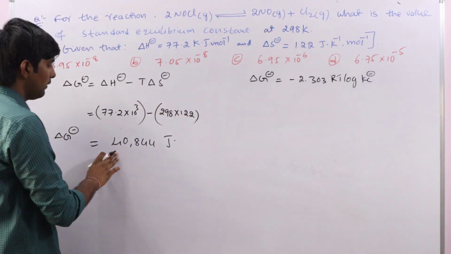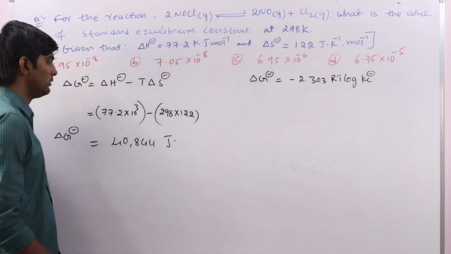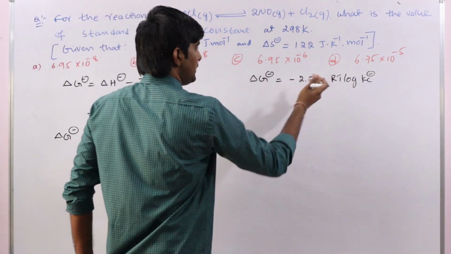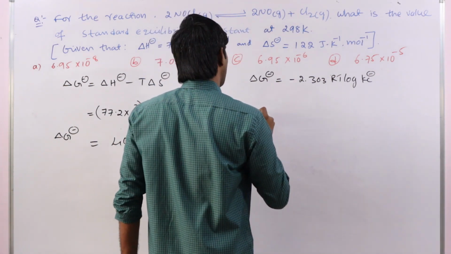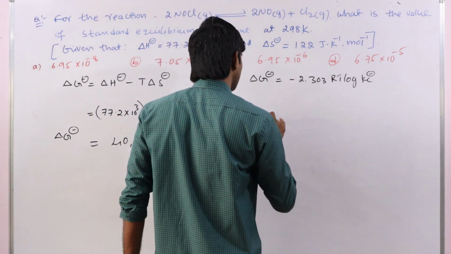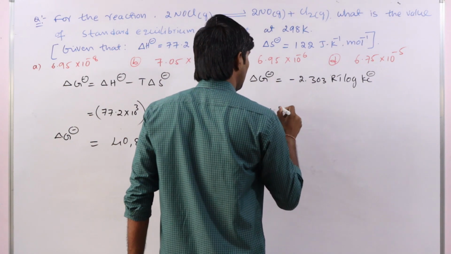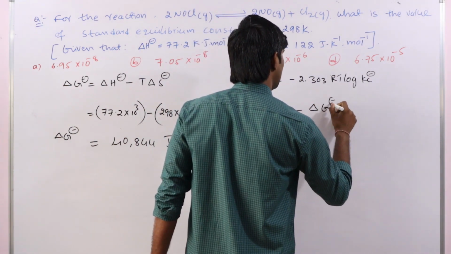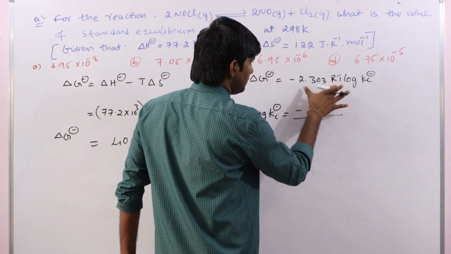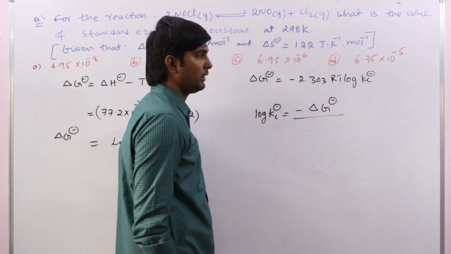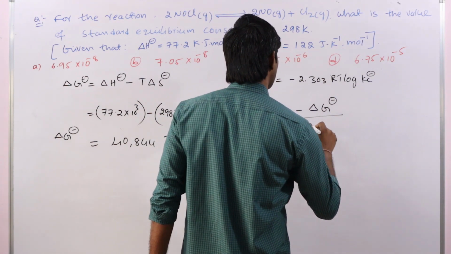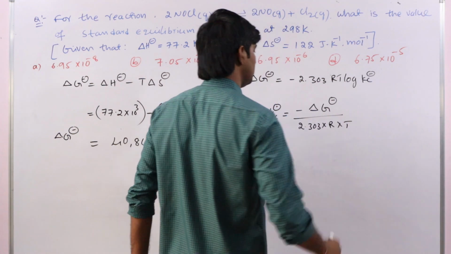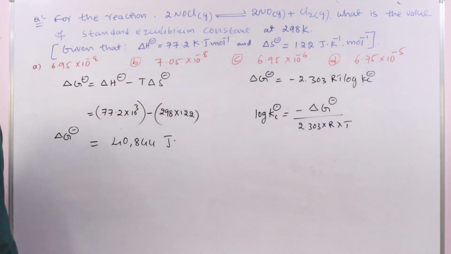Now this equation we can write as log Kc equal to minus delta G naught by, taking this to the left side, 2.303 into R into T.